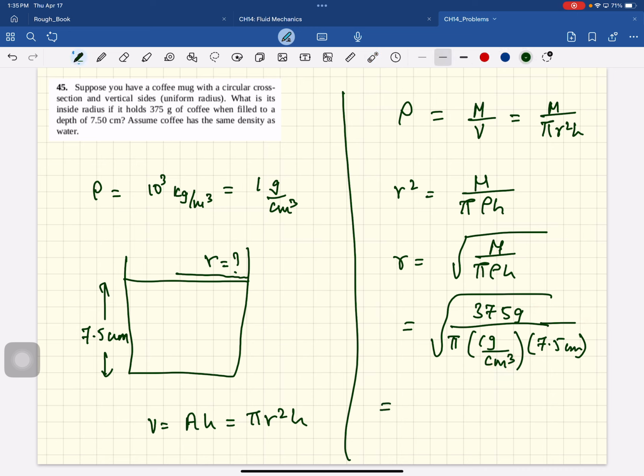So this will equal, okay, so the radius of the cup is 4 centimeters.